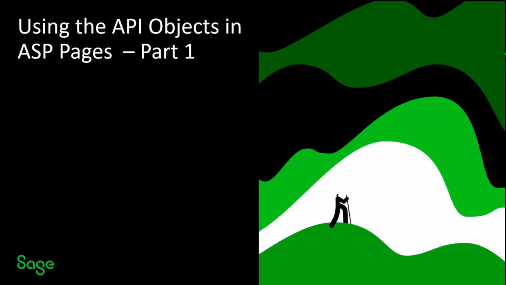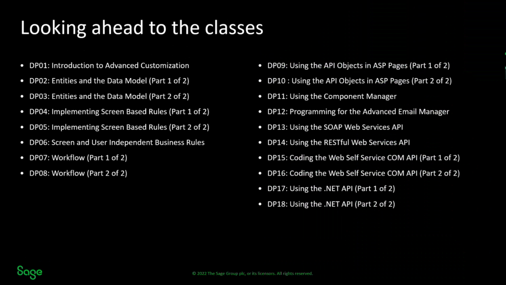Now, this is the original API that was used to allow developers to extend the functionality of Sage CRM. It's since been adapted and extended further by APIs such as the .NET API and the RESTful web services.